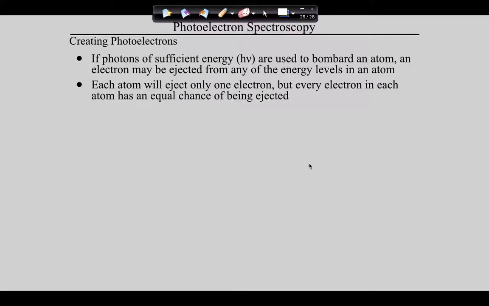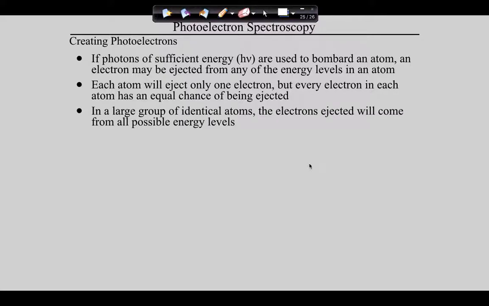Each of these atoms will only eject, however, one electron. But every electron has an equal chance of being ejected. So the idea is this: in a large enough sample of identical atoms, you're going to have electrons that come out of every possible energy level.